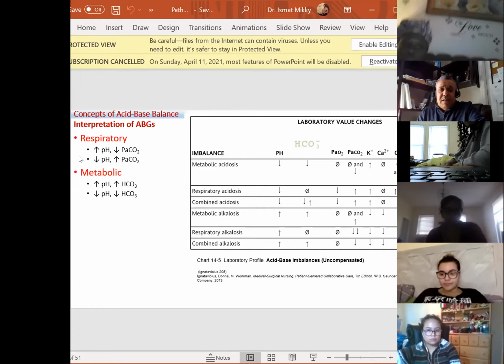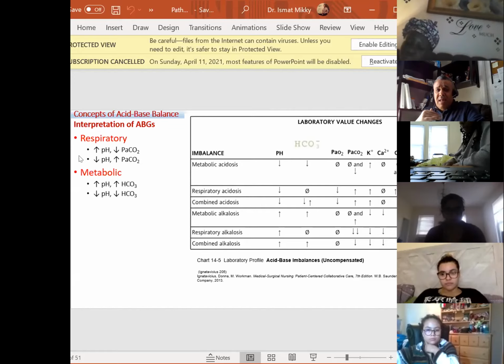This is what is called the matching component. We'll practice more of these questions and systematically go over the three steps of analysis. The second one, which is respiratory acid, I'm sorry, that's the alkalosis.